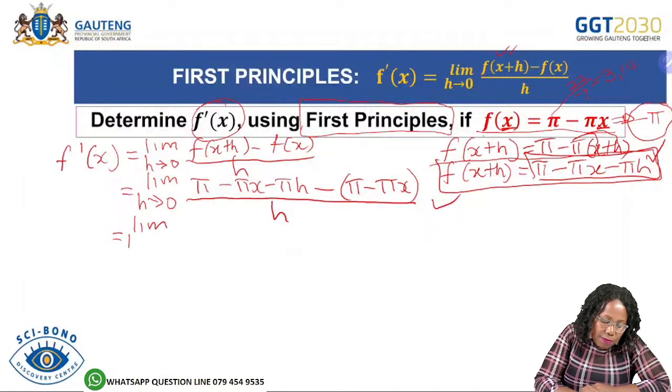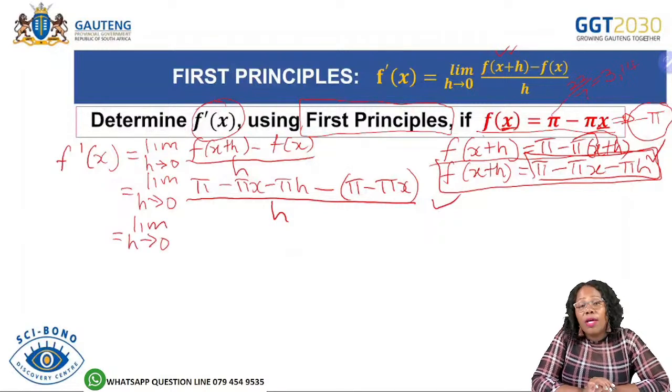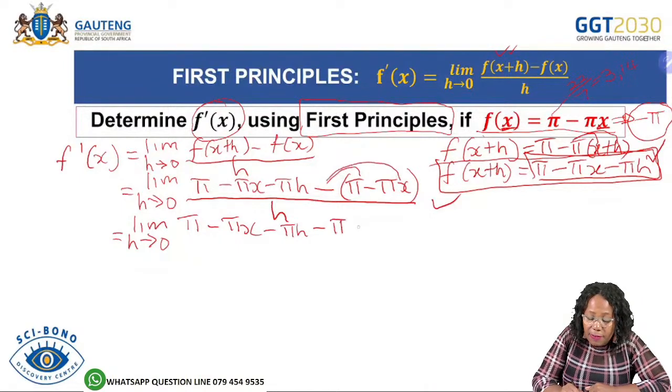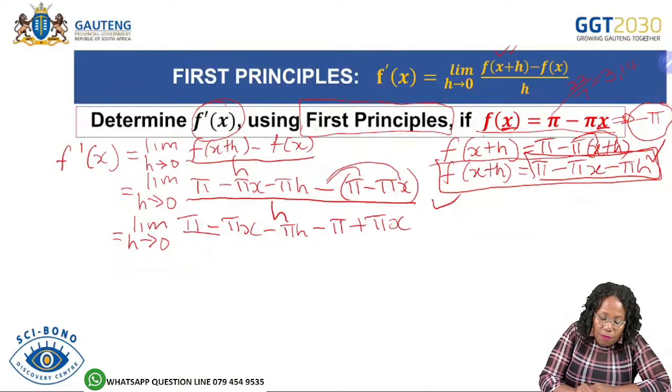At this step, you get your second mark of substitution into the correct formula. So we have the limit of h approaching 0. Third step, you remove the bracket. So you have pi minus pi x minus pi h, minus 1 times pi is minus pi, minus pi times minus pi x is plus pi x, all over h.